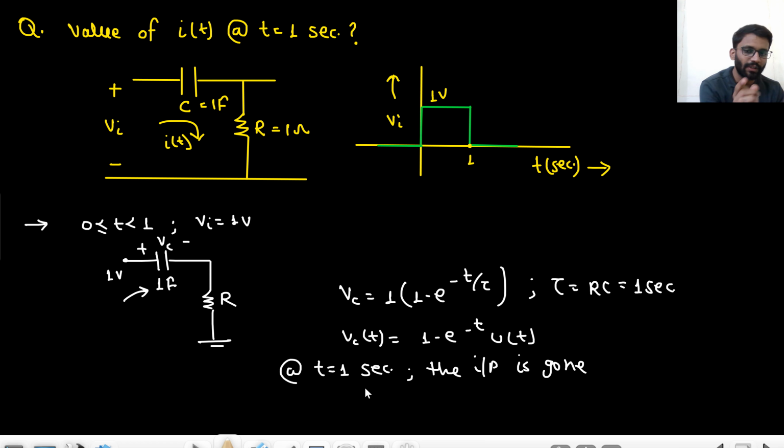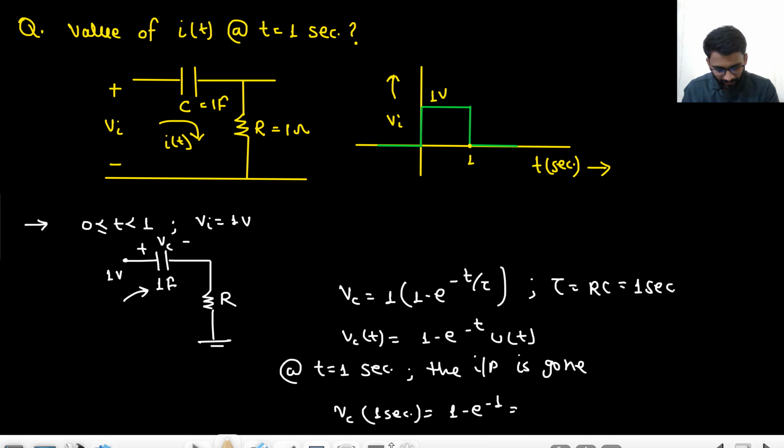What is the value of capacitor voltage at t equals 1 second? That is 1 minus e to the power minus 1, that is 1 minus 1 by e, approximately equal to 0.63 volt. So this 1 volt has charged the capacitor to 0.63 volt.